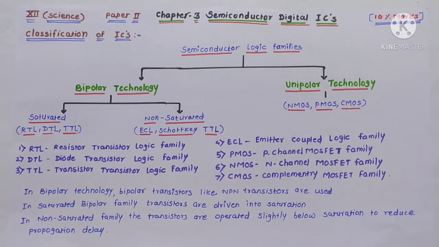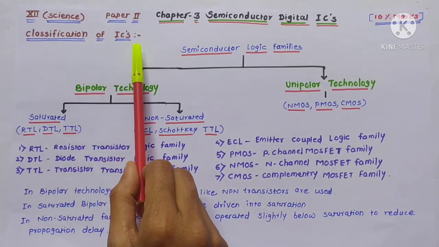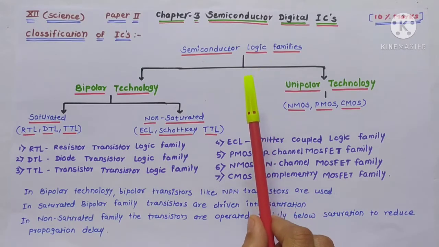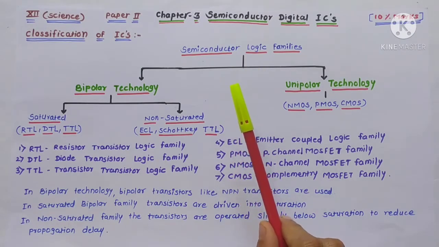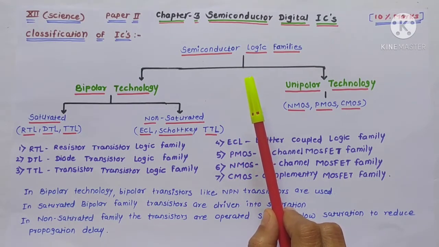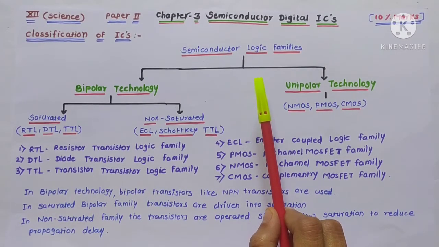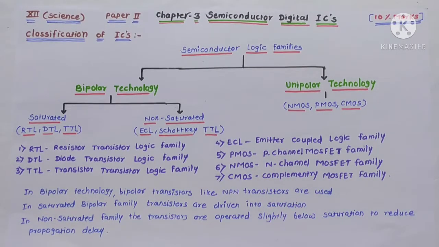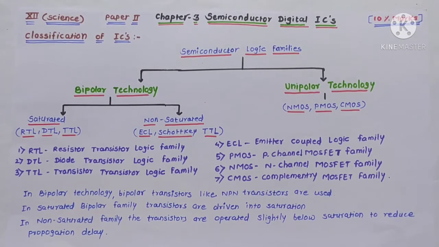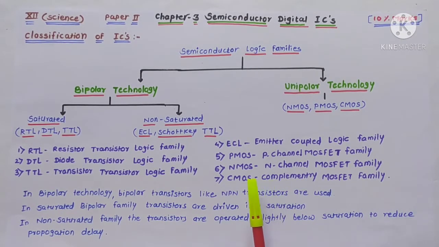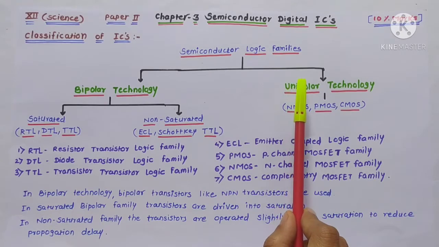Now let's start with the classification of ICs. The first semiconductor integrated IC was developed in 1958 by J.S. Kilby. Then many different semiconductor ICs have been developed.